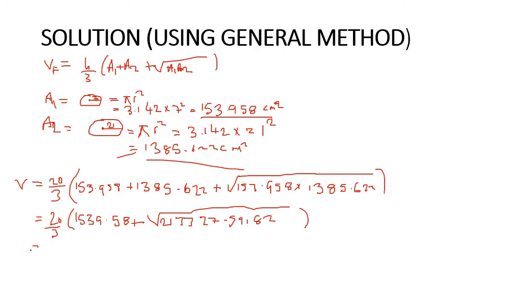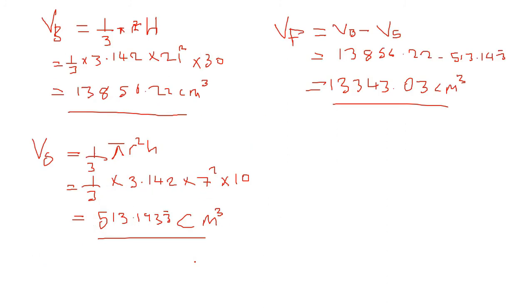Then the next step here, you can easily use your calculator to add everything. When you punch it, you add this one plus this one, then you multiply, and you are going to come up with the volume as 13,343.03 centimeters cubed, which is the same as what we found there.